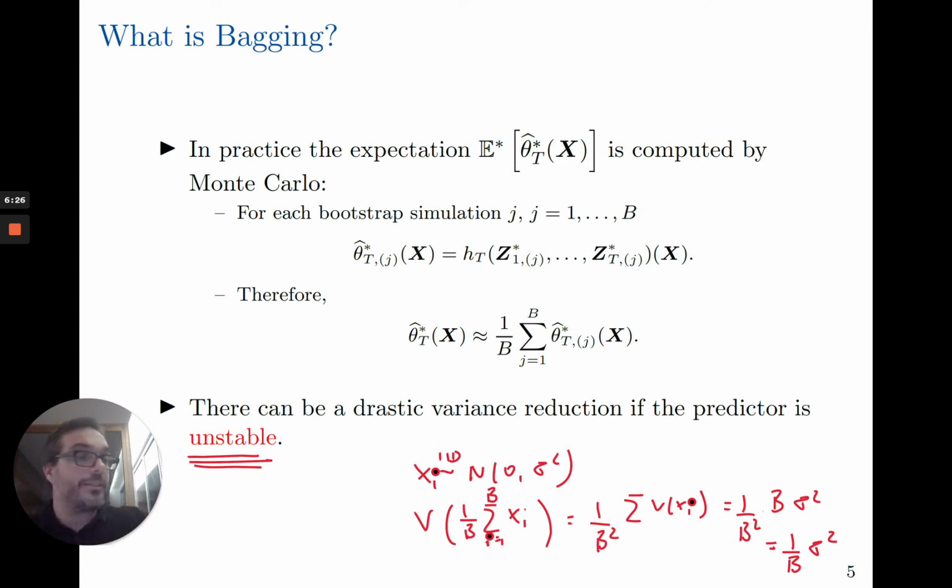Of course, it's a very hypothetical setup. So I'm going to show you when this fact will kick in, and this variance reduction will be very useful when you have some kind of unstable statistic. And I'm going to define what I mean by unstable statistic.